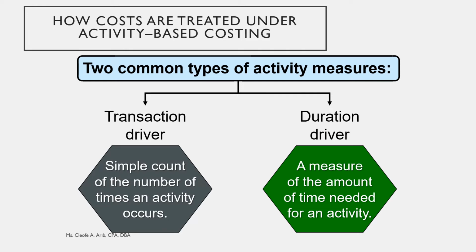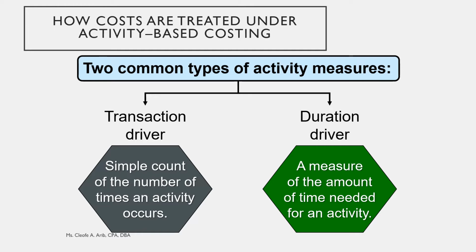Now, in terms of activity measures, there are two common types: transaction drivers and duration drivers. Transaction drivers are simple counts of the number of times an activity occurs. An example is the number of bills sent out to your customers.